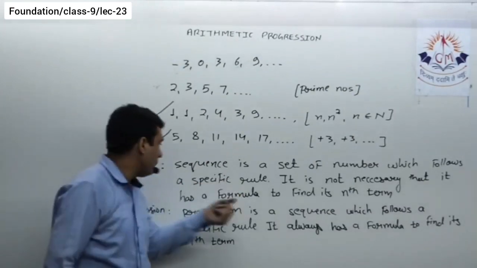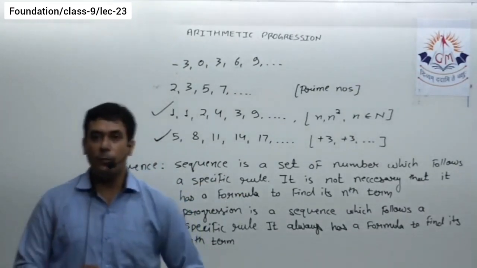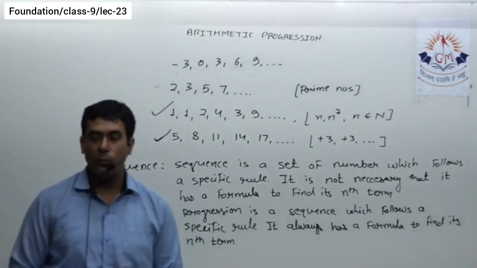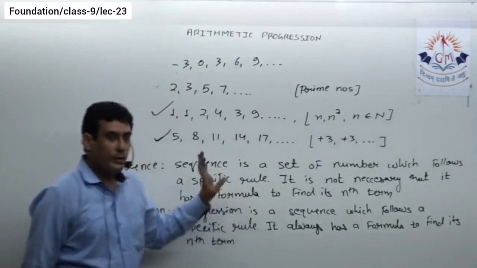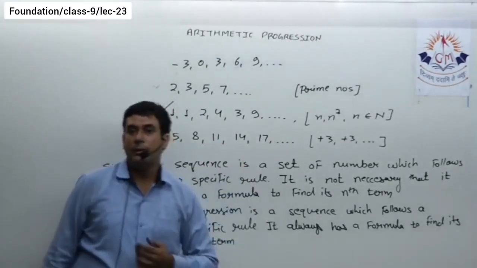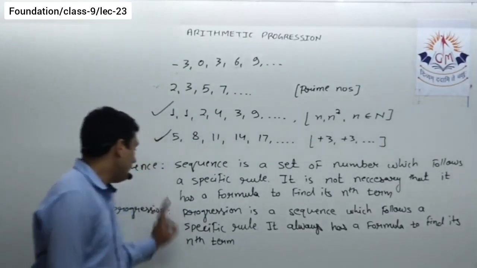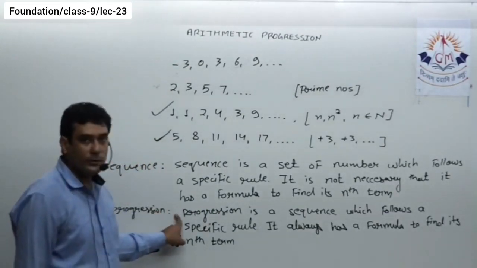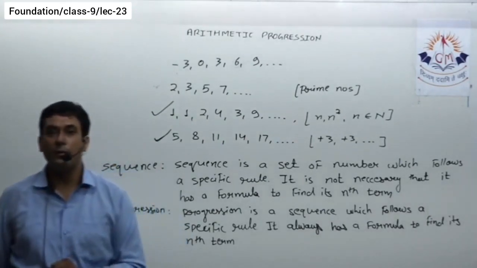If someone asks you what is the difference between sequence and progression, we'll say a progression always has a formula to find its nth term, but a sequence may or may not. Definitely there is a logic to write their terms, but it may or may not have a formula to find its nth term.